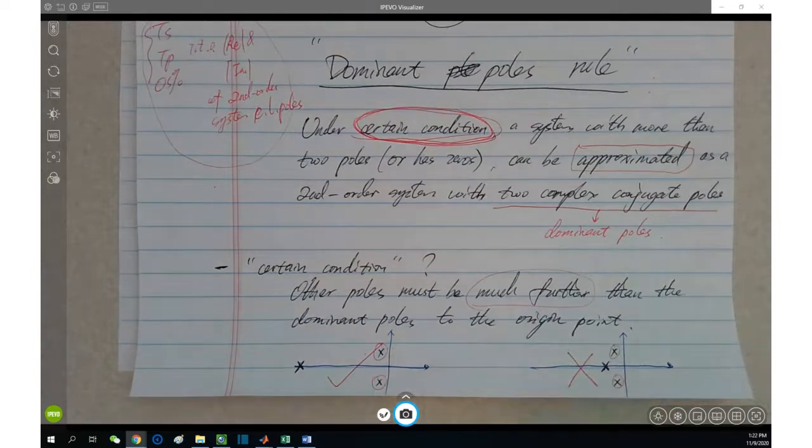Could you compare the root locus of both and see how far it's off? Yes, by that you can tell how far it is. Absolutely, you can. However, after knowing how far, you probably still cannot tell whether you can do this approximation, because how far is far enough?